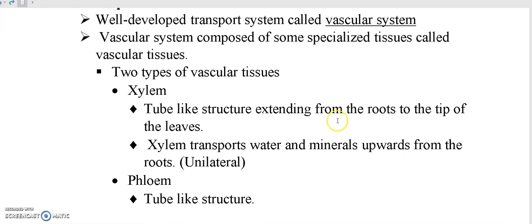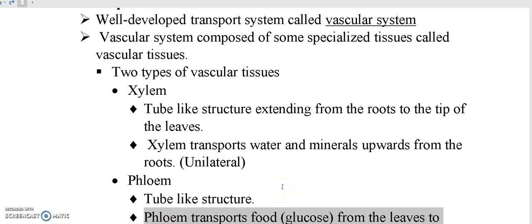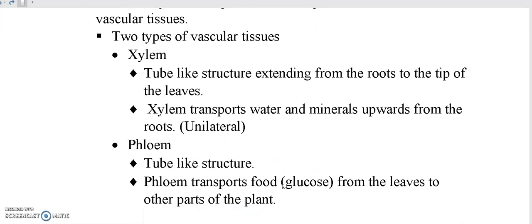Xylem transports water and minerals, whereas phloem transports food. And we know what food is for the plant. It is in the form of glucose, which plants make with the help of the photosynthesis process. So phloem transports food, that is glucose, from the leaves to the other parts of the plant.